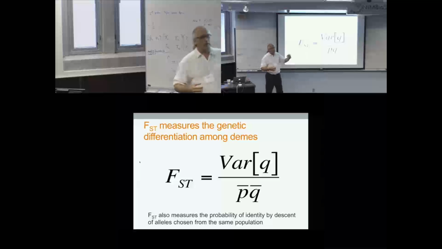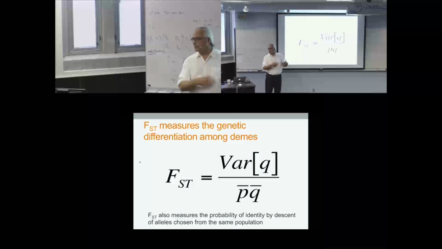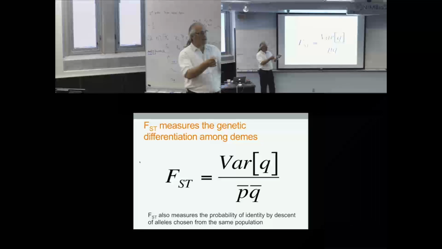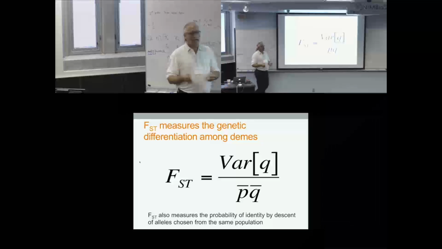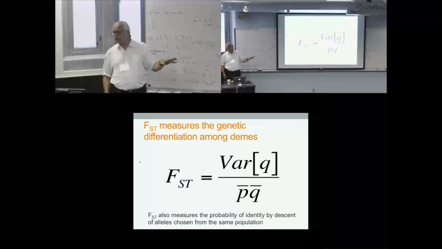Okay? So from that, it tells us about excess probability of homozygosity of an individual in a population. That's not an aspect we'll talk about much today, but it is a measure of the common ancestry of the alleles as well, and that'll be important for us. And there's another interpretation of FST closely related to that, which I'll come back to in a second.